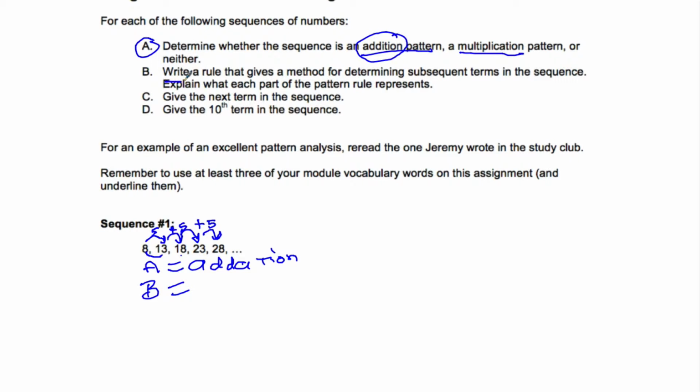Write a rule that gives a method for determining all this stuff. Now it makes it really hard to understand what it wants, and the wording is confusing. But what it says is just tell me what's happening, okay? And so I would do something kind of like, add 5 to each term.